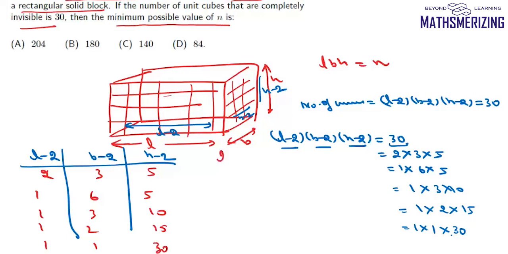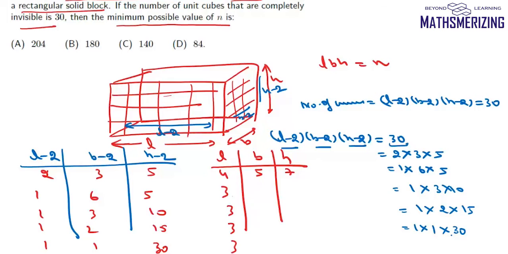So from here we'll get L, B and H as 4, 5 and 7. Now here will be 3, 3, 3 and 3. Here will be 6 plus 2, 8, 8, 5, 4, 3. Now 7, 12, 17 and 32.